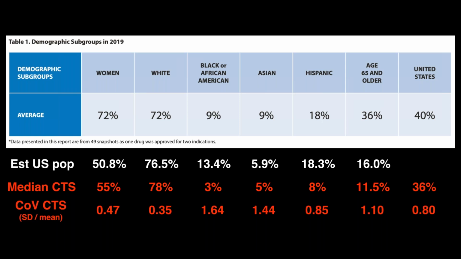You can actually calculate measures of dispersion, which are just as informative as measures of central tendency. Here I use the coefficient of variation, which is also known as a relative standard deviation, to show that certain populations, such as Black and African Americans, Asians, as well as those who are 65 plus, have relatively large relative standard deviations, relatively large COV estimates, which shows that not only is the median much lower than the mean, but there's a lot of variability from study to study.